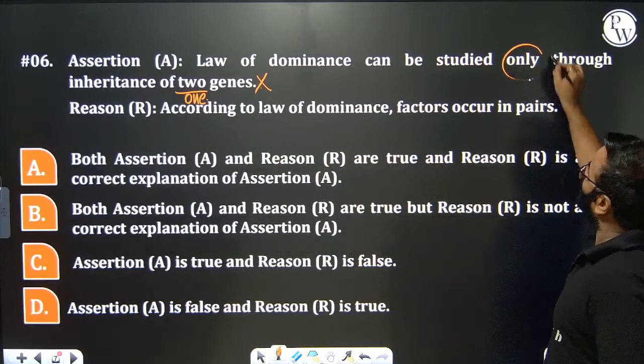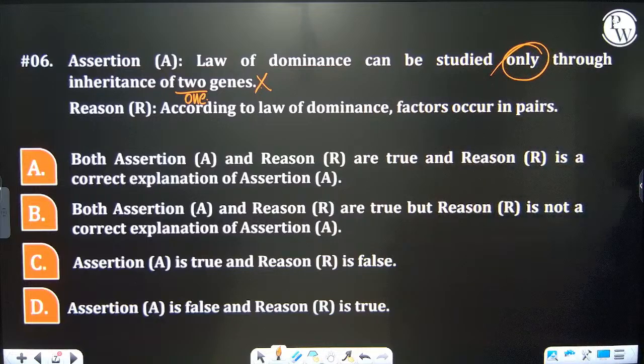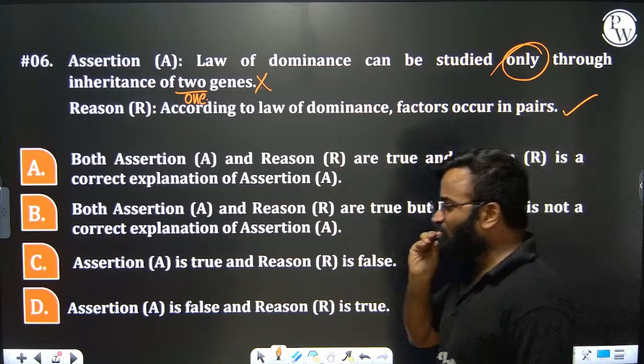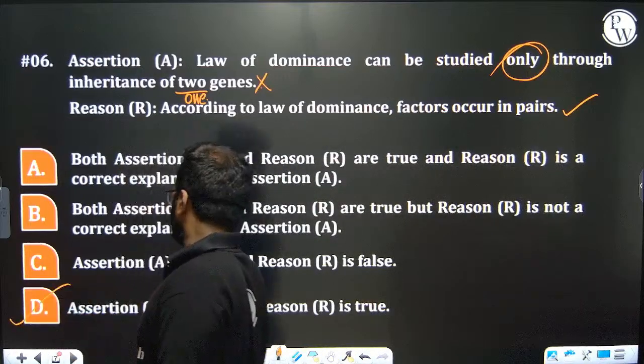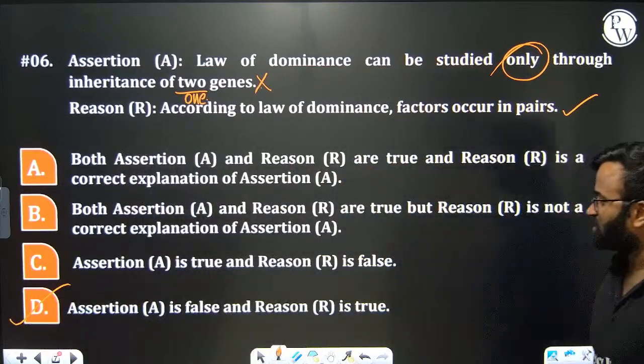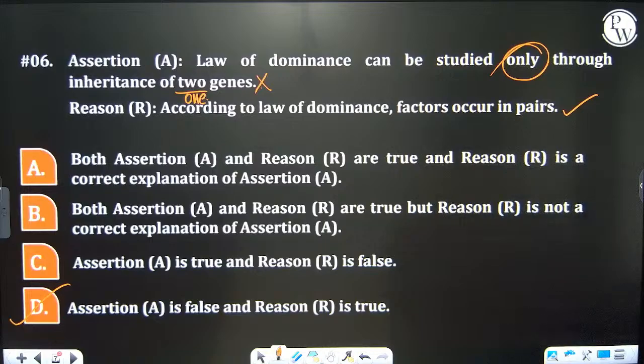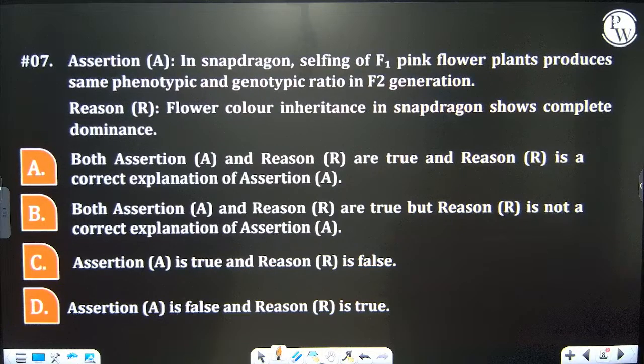According to the law of dominance, factors occur in pairs, which is true as a statement. So what can be our answer? The answer will be the fourth one, that is assertion is false and reason is true. Let's see the next question.